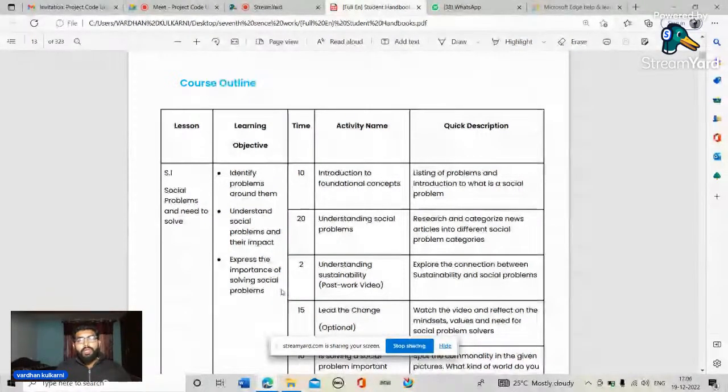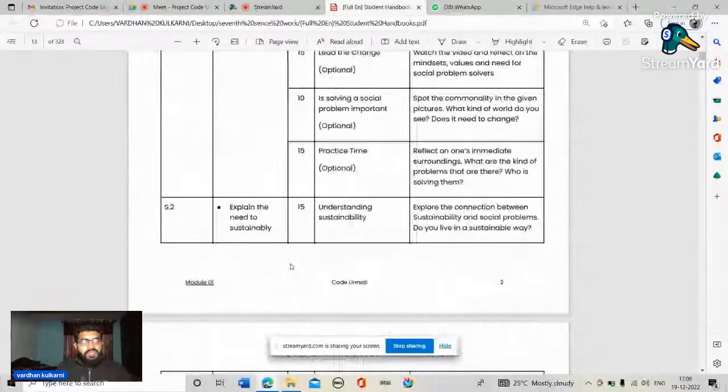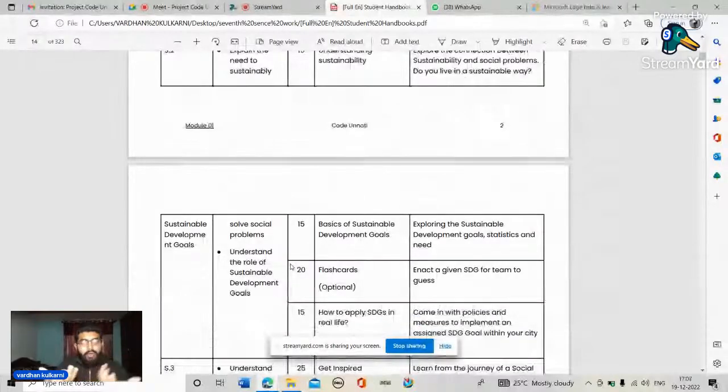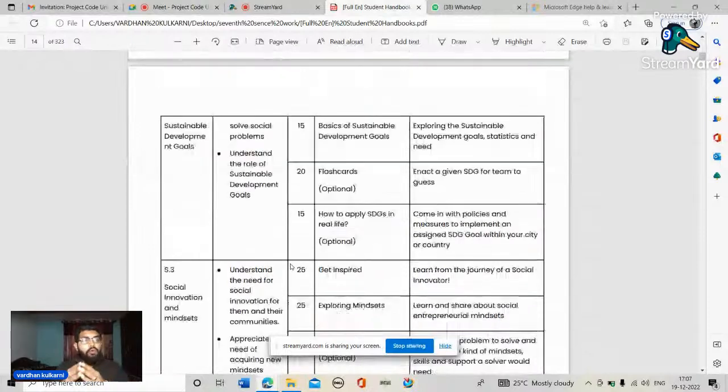Then in session 2, we'll learn to explain the need for sustainability, what sustainability is, and the basic sustainable development goals. To attain them, we need to explore the goals as well, and understand their roles.